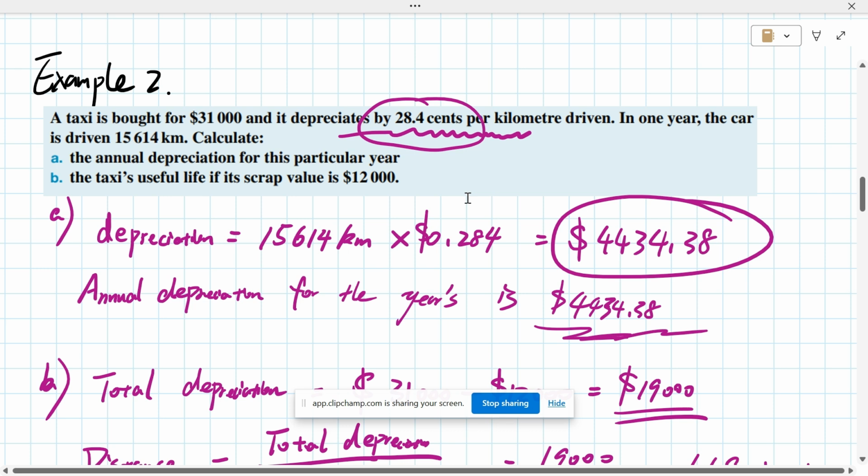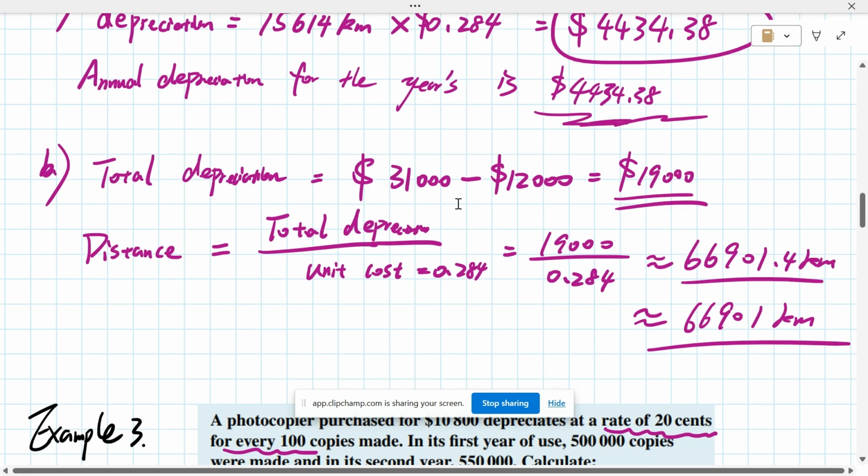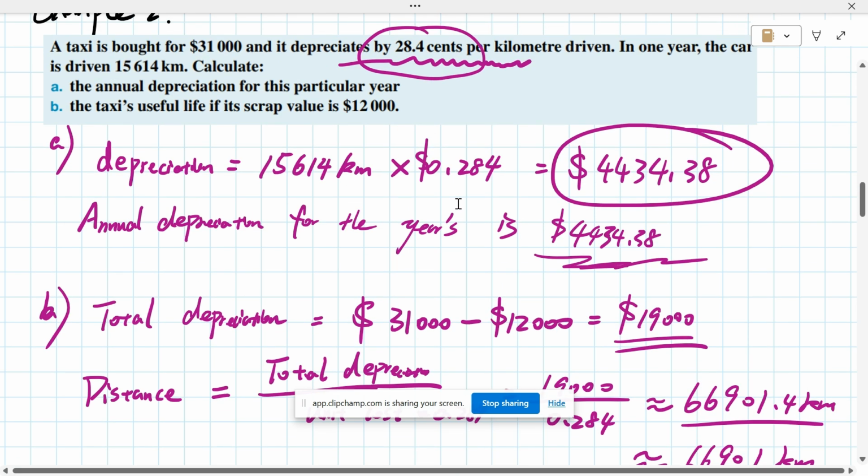And then after that, we use the scrap value of $12,000. The total depreciation is equal to 31,000 minus the 12,000. Why do we minus the 12,000?